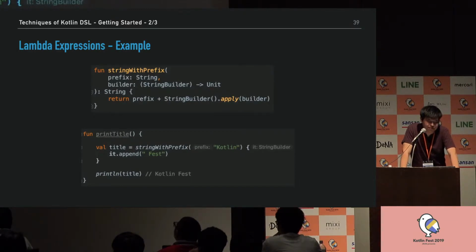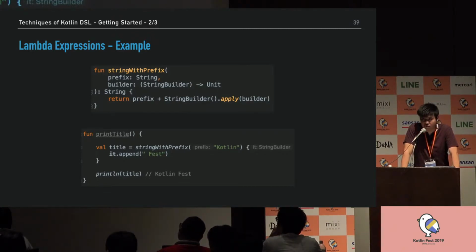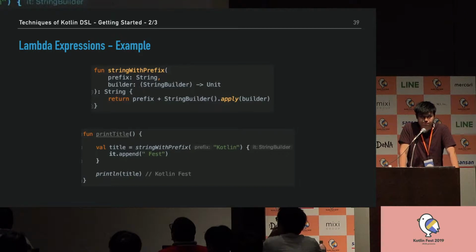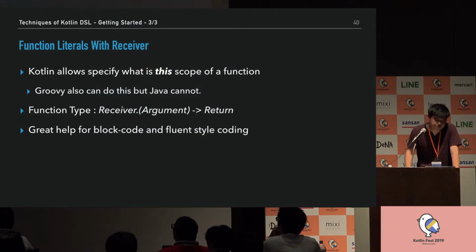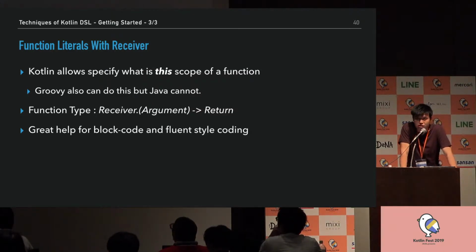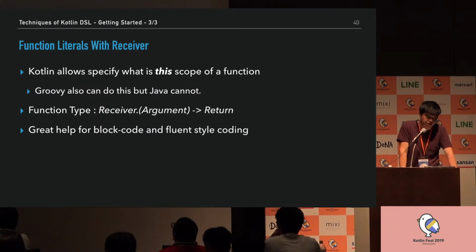Okay, so lambda expression looks good, but you might notice that here is an implicit lambda argument. I mean, it of the append function in the lambda. You may feel it's not smart. If we can specify a receiver, it would make DSL smarter. It's called function literals with receiver. Kotlin allows us to specify what the this scope of a function is.